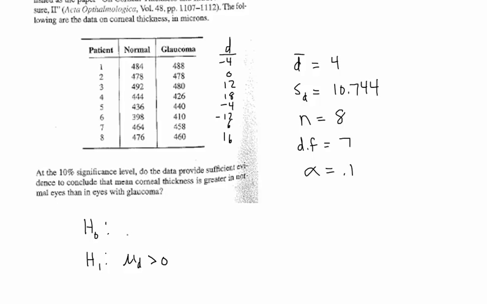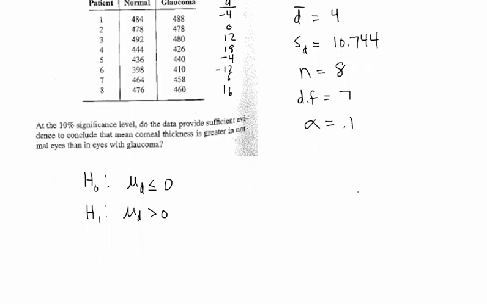And our null hypothesis would be mu sub D is less than or equal to 0. So we have a one-tailed test, a right-tailed test, and our t-crit is the next thing we want to find.